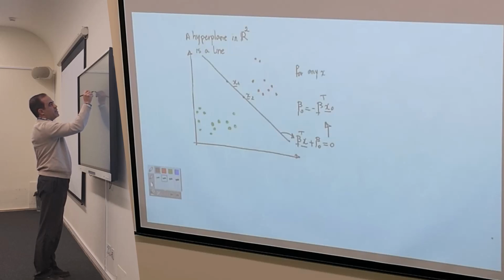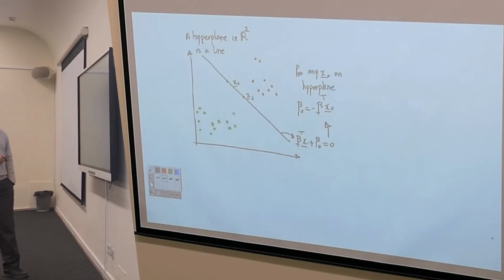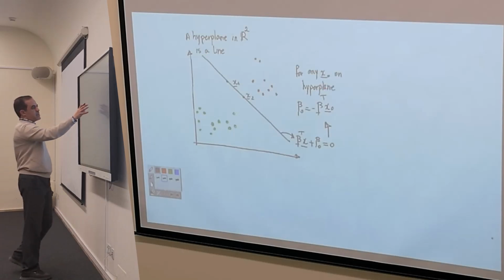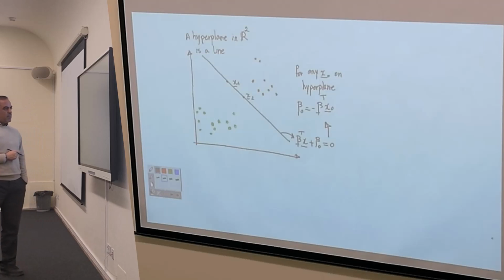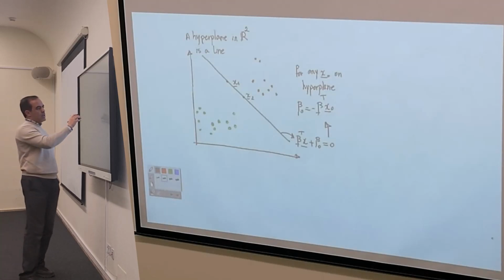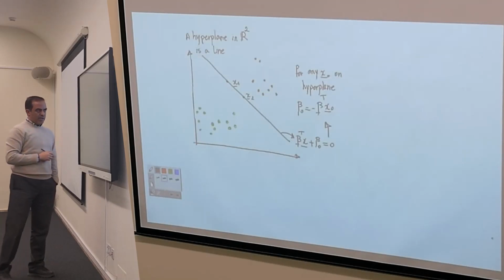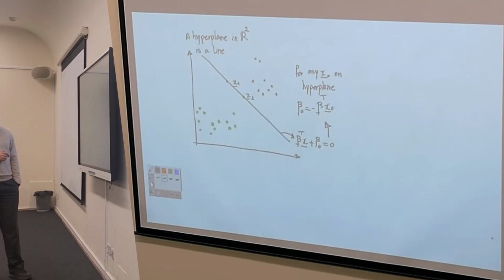For any x0 on the hyperplane. Okay, so for any x0 on this hyperplane, we have this conclusion that the beta 0 or beta null is equal to minus beta transpose x0.